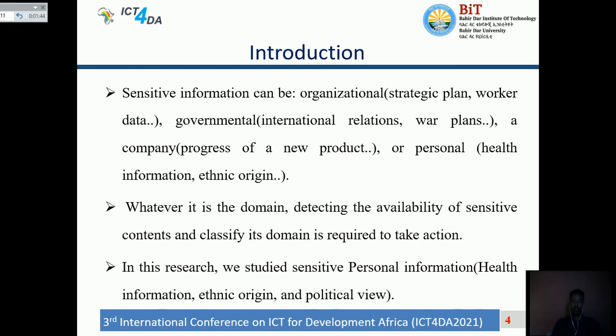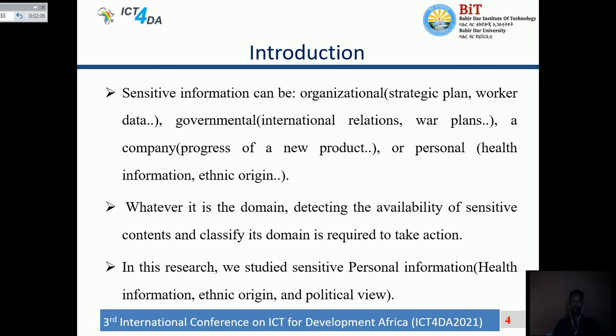However, whatever it is, detecting the availability of sensitive content and identifying its domain is highly needed to take the required action. That means to protect the sensitive information content.